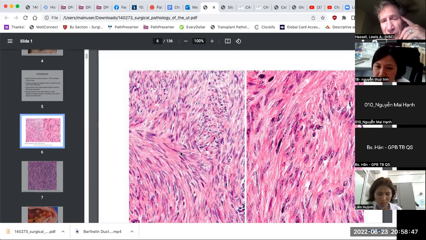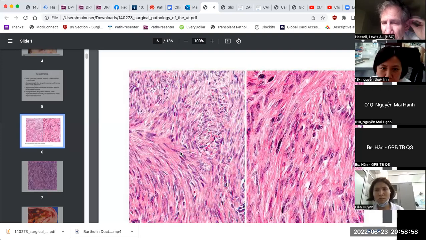In our practice, we often see H-caldesmon and some smooth muscle markers positive in stromal sarcomas. Yes, that's right. So sometimes it's very difficult for us.